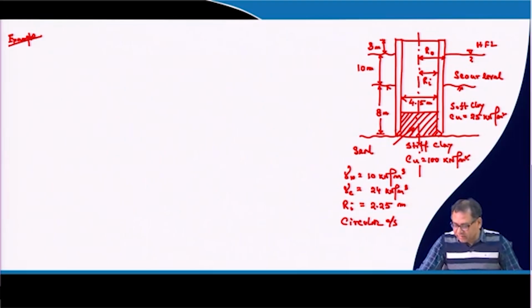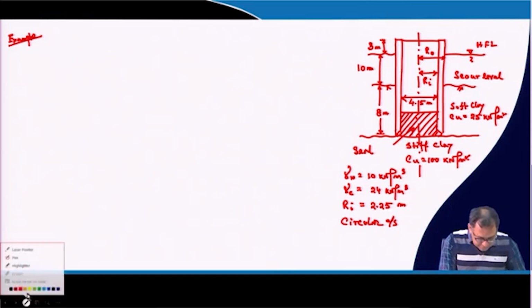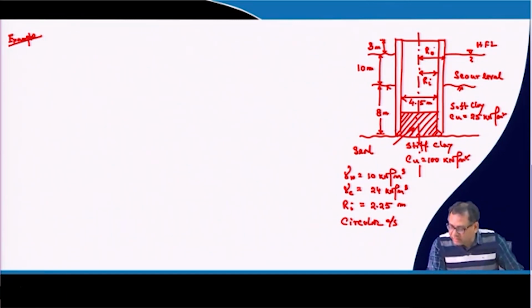The inside radius is given as 2.25 meter, and we have to determine the required thickness of that seal. The outside radius is also known, R0 is equal to 3 meter.